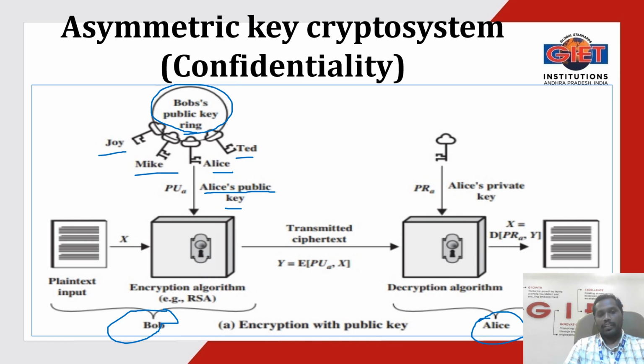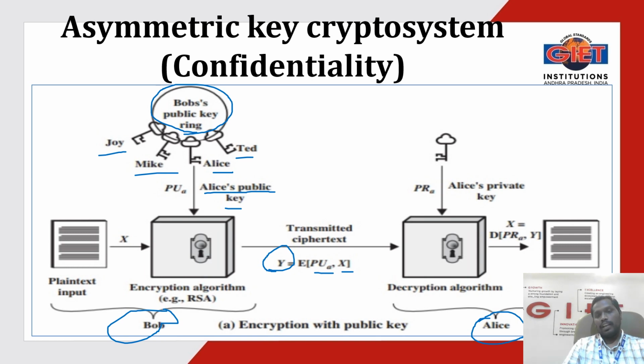Here you can see PUA, which is the public key of Alice, and X is the plain text. We encrypt it in order to generate Y, which is the ciphertext, and this ciphertext is given to the receiver, who is Alice.